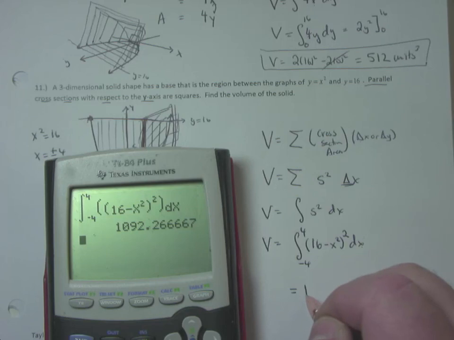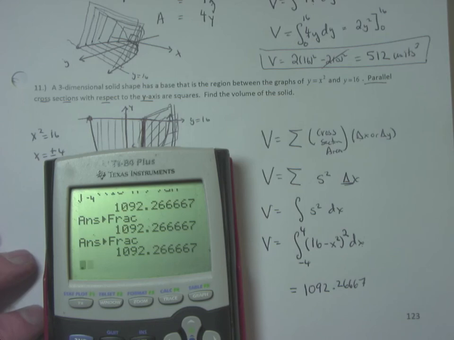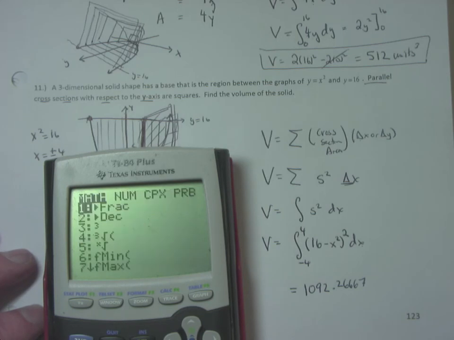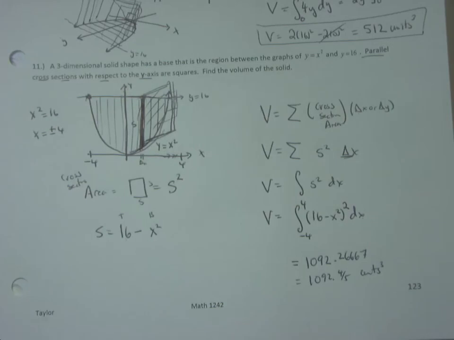I get 1,092.26667, or for you math fraction fans, this should convert to a fraction. Math fraction 4/5. You can also say this is 1,092 and 4/5 units cubed.